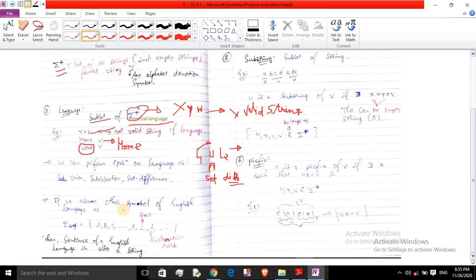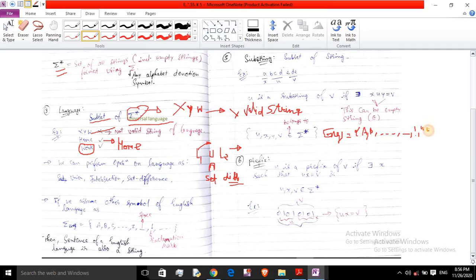Suppose this is our English language. We have so many symbols in the English language, including the alphabets. We also have some special symbols, like a space, an exclamation mark, and double quotes.